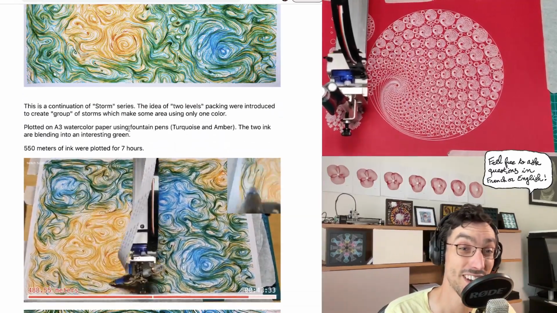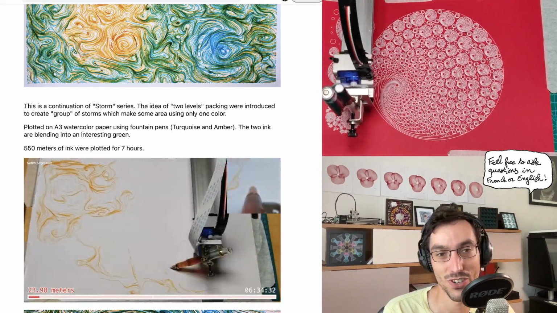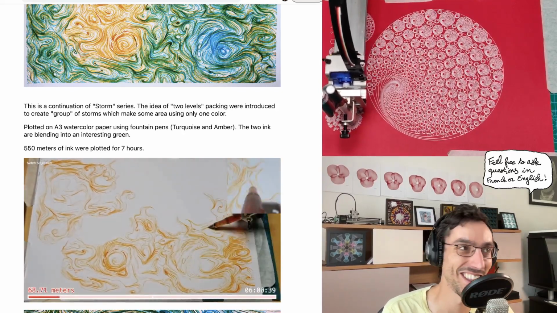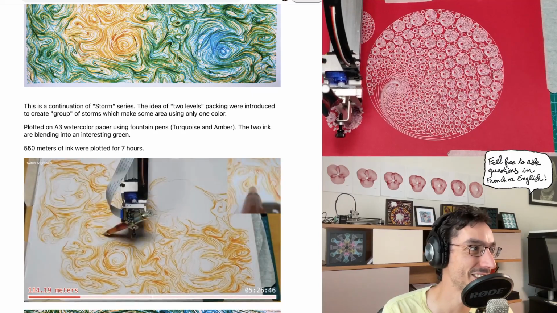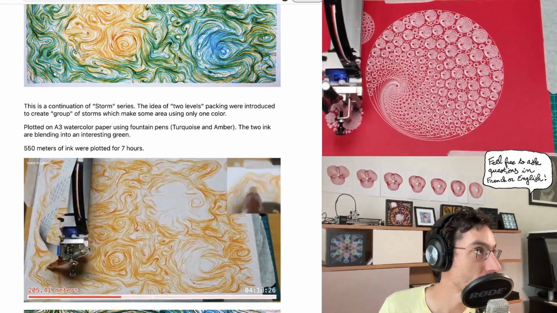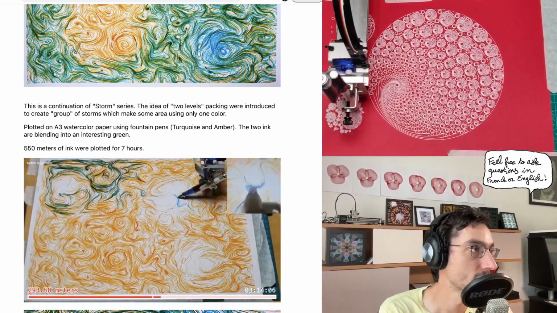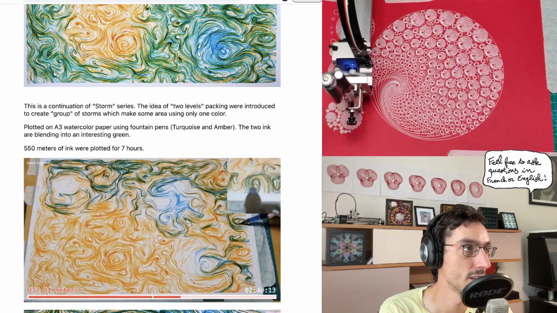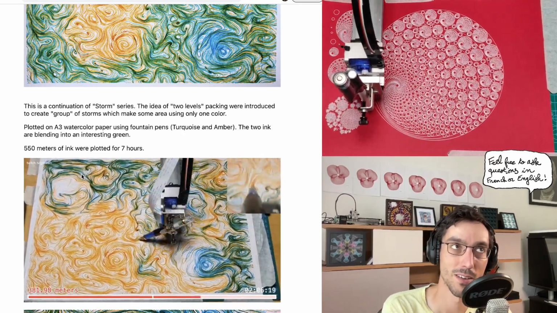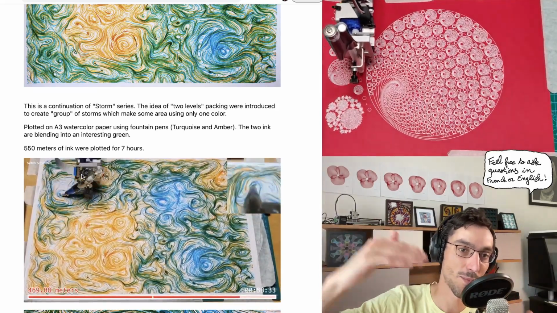And A3 size is huge. But imagine going further, and that's my next plan. I'm buying an AxiDraw A1, which is 4 times bigger, because it's 2 times in one axis, 2 times in the other axis.